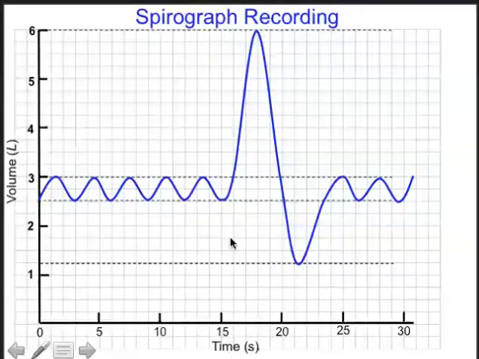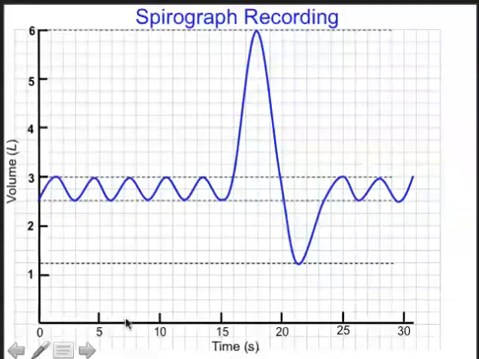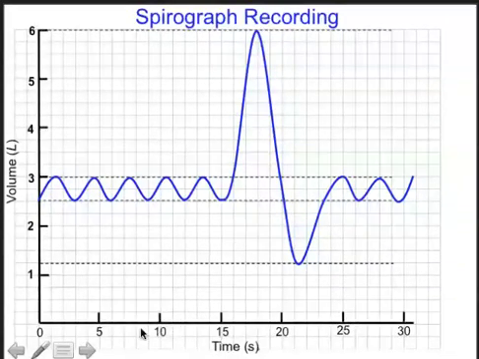Okay, and then you would plot the volume that you were able to move in and out of the lungs versus the time that it took for you to do that. So this is time down here in seconds, and this is volume in liters. If we were to measure the tidal volume on this particular recording, we have to look at the way that the vertical axis is partitioned, and you'll notice that for each liter of volume, you have 4 squares.